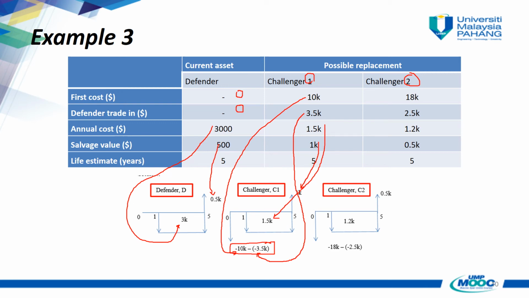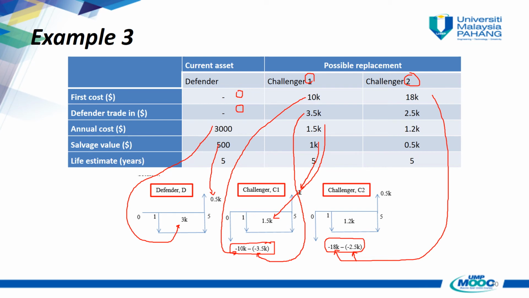Then for Challenger 2, if we want to buy it, we need to pay 18,000. If we buy this, the supplier will buy back our current asset for 2.5 thousand, so we need to total this up.